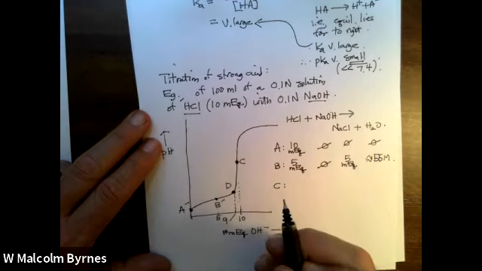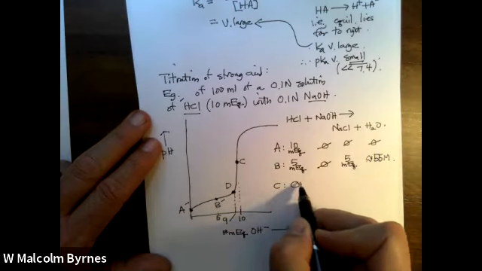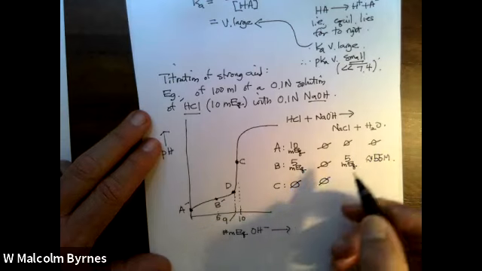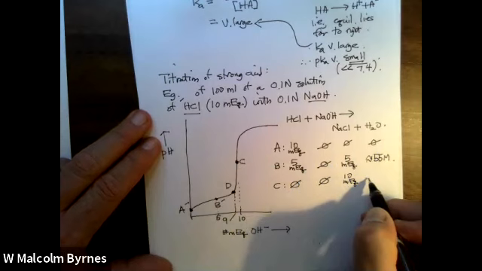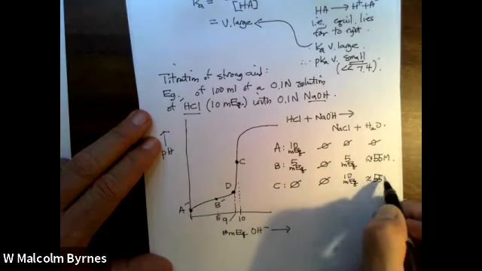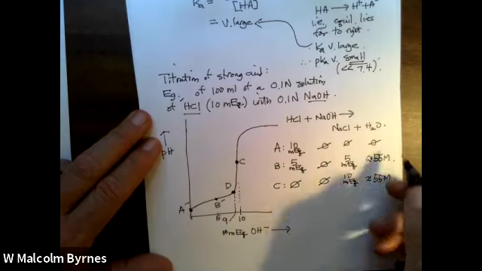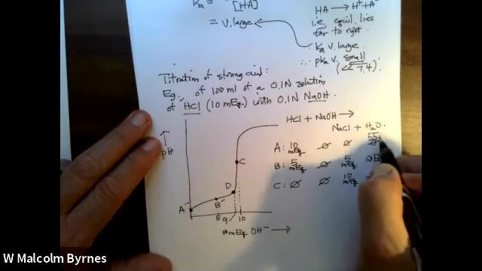At point C, that's the equivalence point. We have reacted and used up all the acid with the base added, and we're going to have 10 milliequivalents of NaCl, and again about 55 molar water. Actually, it's 55 here too at the top, right?